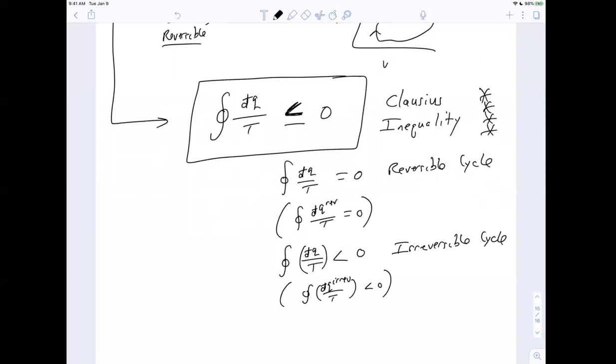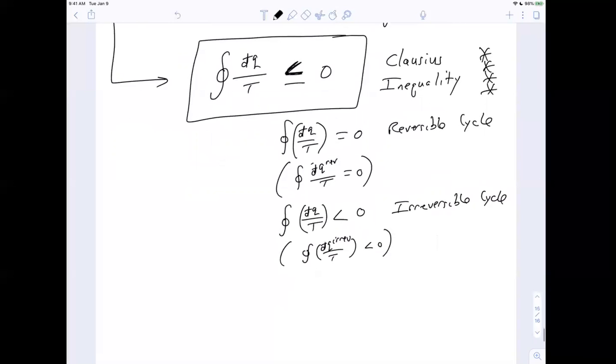Let me just make sure that everyone understands the integrand is dq over T. That's why I'm going to put the parentheses like this, and I should put it here just to be clear. So the integral of this thing, dq over T, is less than or equal to 0. Is everyone clear with that nomenclature that I've used?